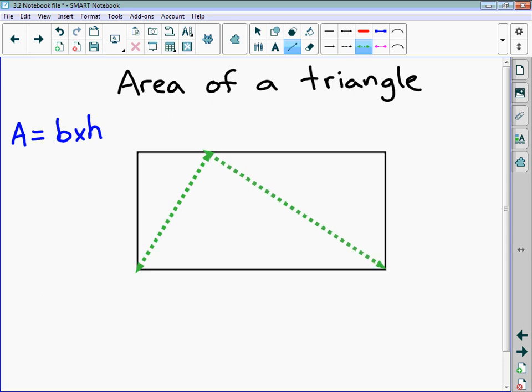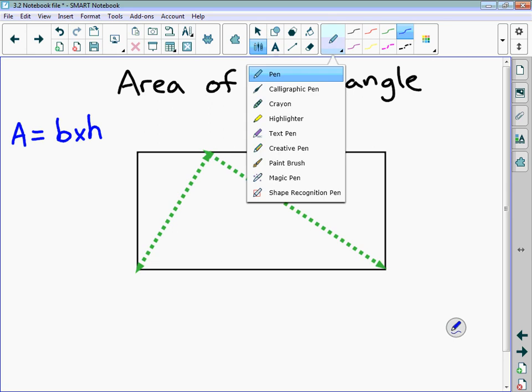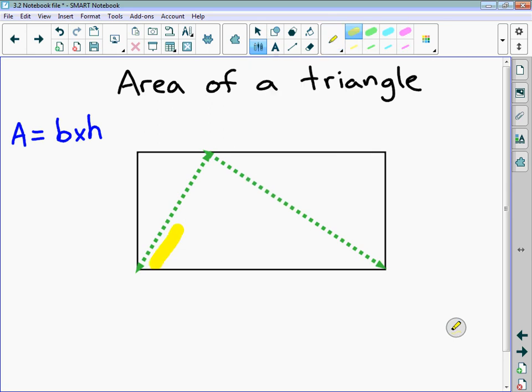So how do we know that the area inside this triangle, this section inside here, is the same as the area on the outside of the triangle?